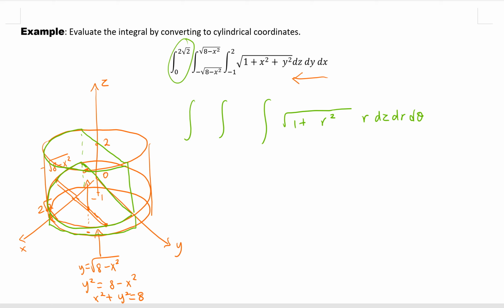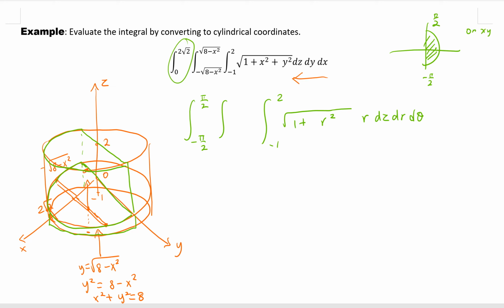And then z also goes from -1 to 2. Okay, now how about theta? Well, when we project on the xy plane, it's just like this guy. So theta is from -pi/2 to pi/2.